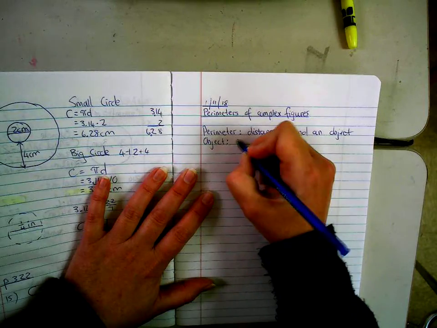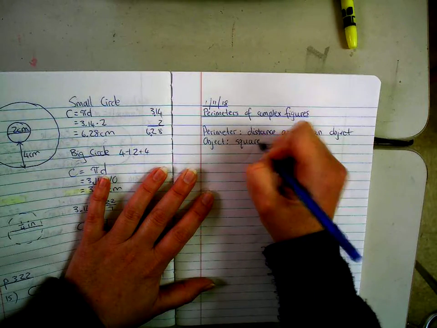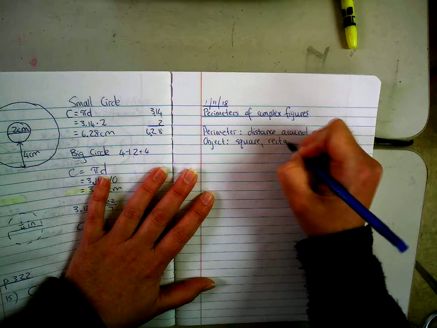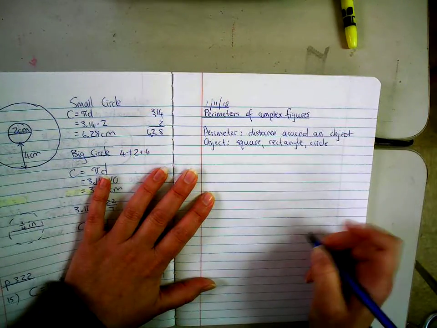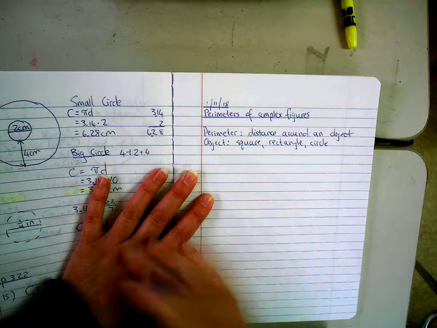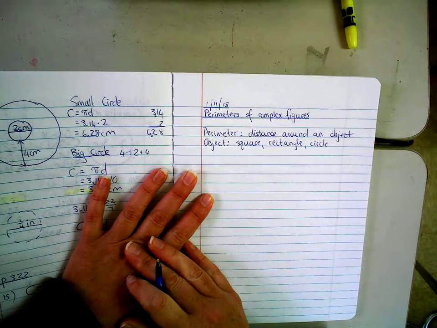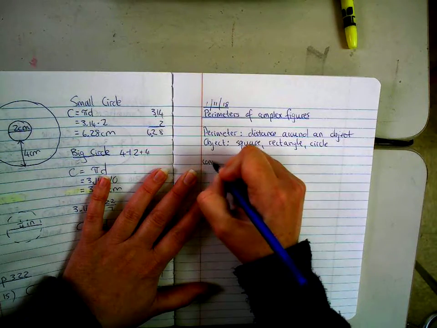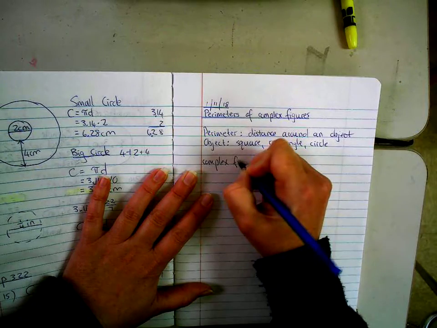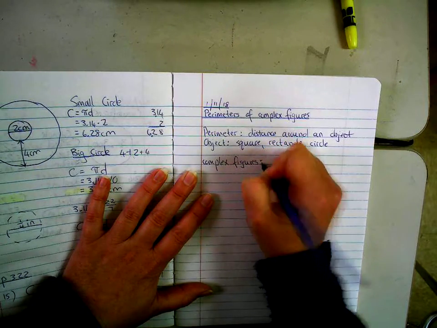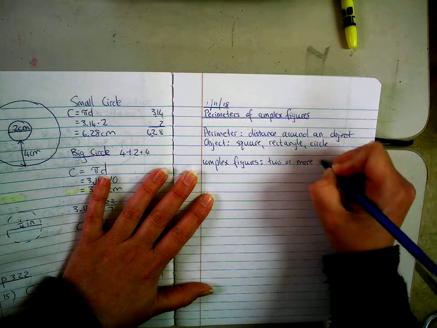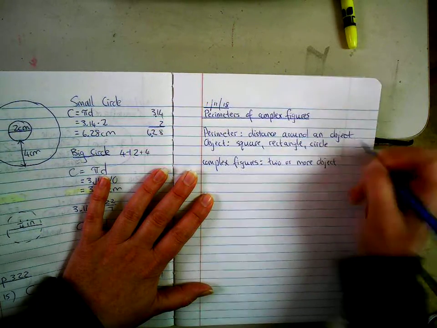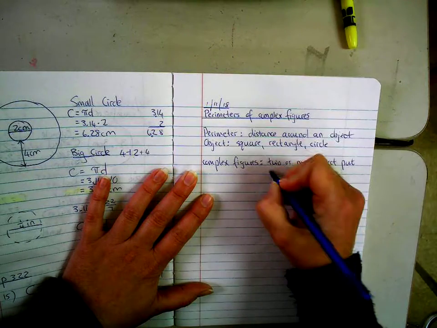I can think of a square and a rectangle and a circle. And yesterday you did semicircles, those half circles. Okay, so those are just a few examples. So perimeter of complex figures is the following. Complex figures would be two or more objects put together.